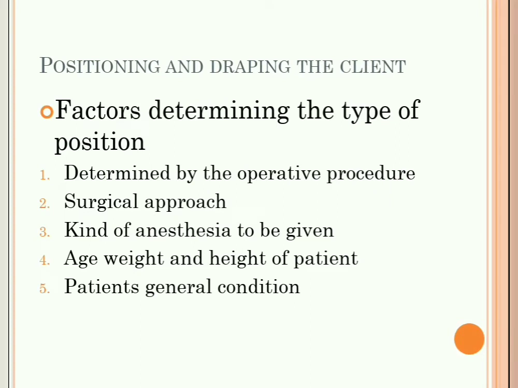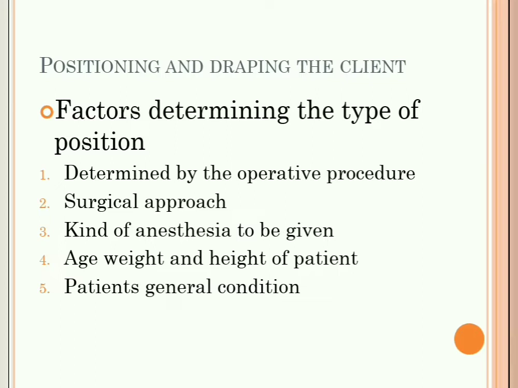After your patient is wheeled in on the OR bed, as a circulator, you have to position the client properly. So these are the factors that will determine the type of your position, determined by the operative procedure. So don't worry, we will also have a discussion on the common position for a certain surgery, the surgical approach, and then also the kind of anesthesia to be given, the age, the weight, and the height also of the patient, plus the patient's general conditions.